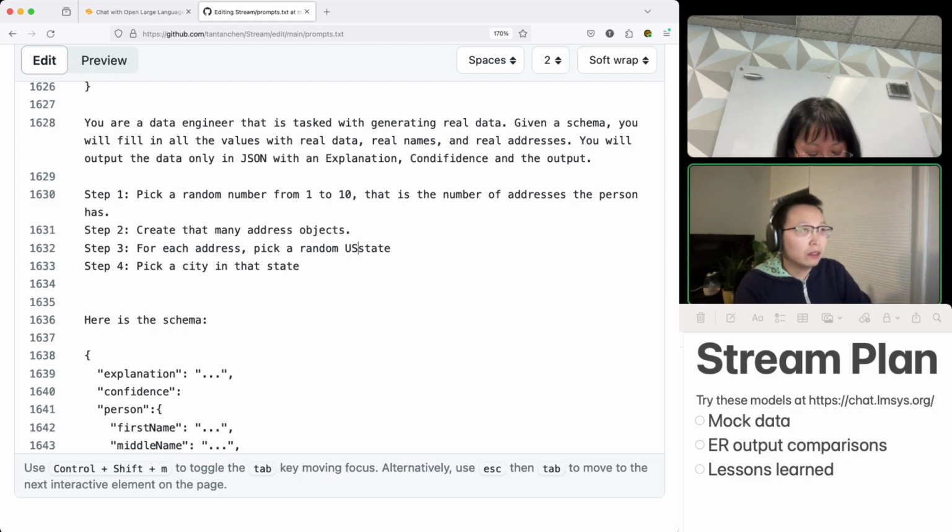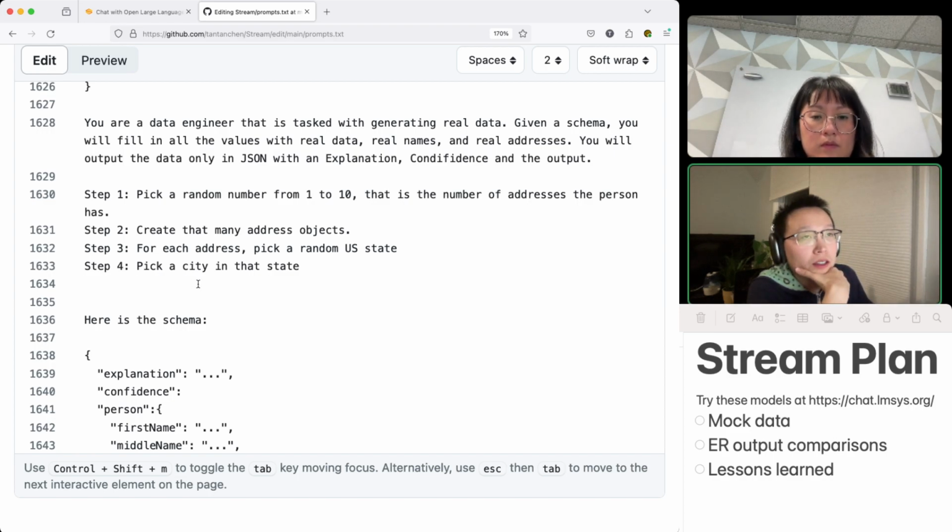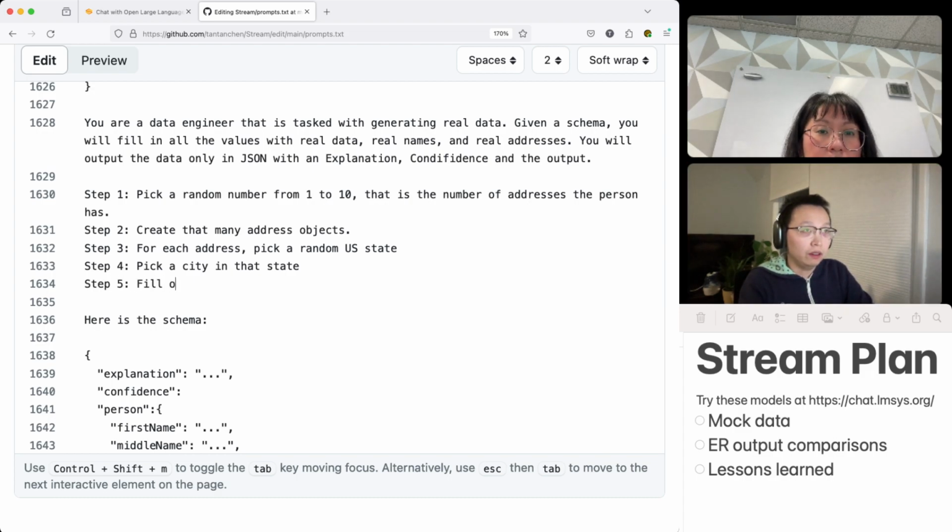Pick a random U.S. state. Okay, pick a city in that state, and then step five, I'll just say fill out the rest of the address block. Okay.